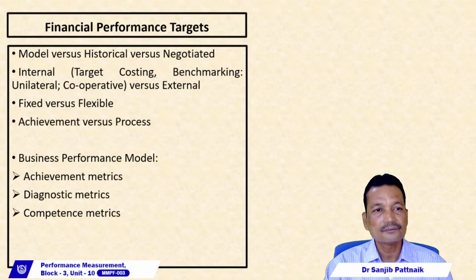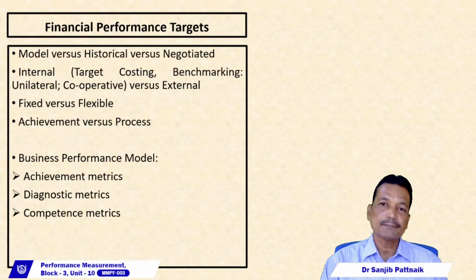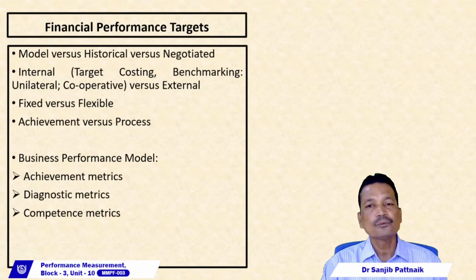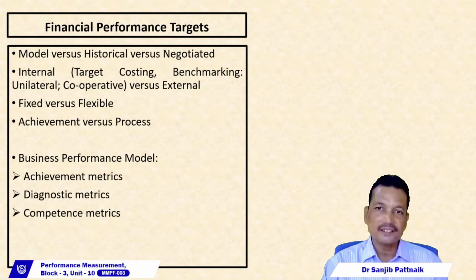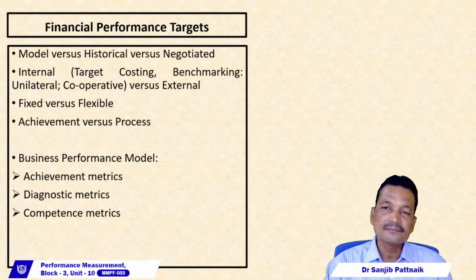Another way of showing the financial performance targets is internal versus external. When we say internal, let us look at an example. There are two divisions of an organization producing the same kind of product, but they are located at two different geographical locations.